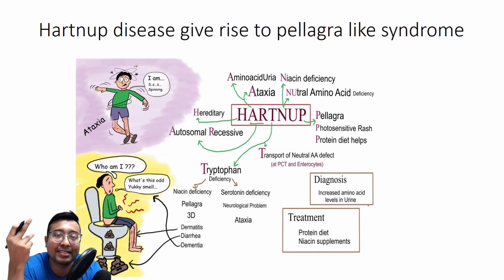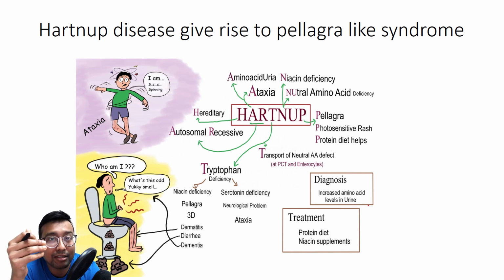And basically the rest is absolutely the same. Since the kidneys cannot reabsorb tryptophan, it is excreted, which leads to a deficiency of tryptophan in the system. And as you can see, two products are produced from tryptophan, as I discussed earlier: number one, serotonin, and number two, niacin.